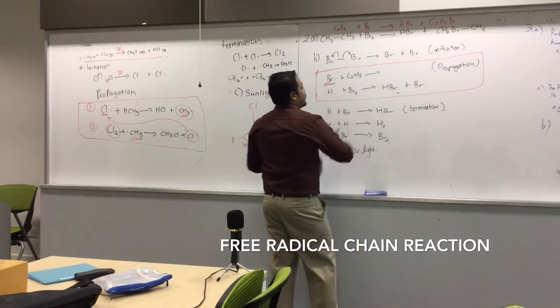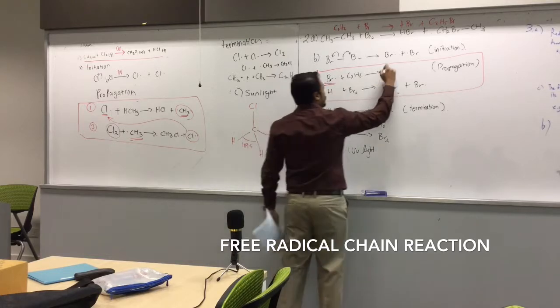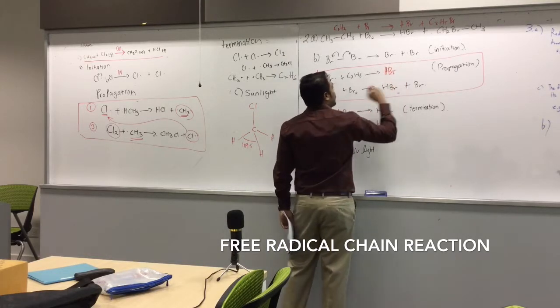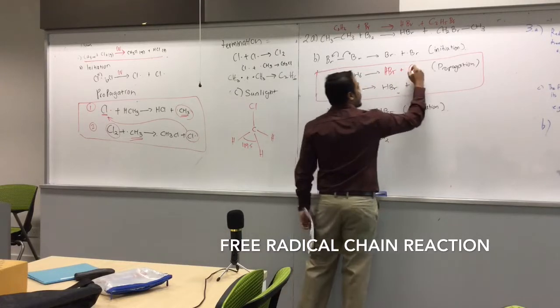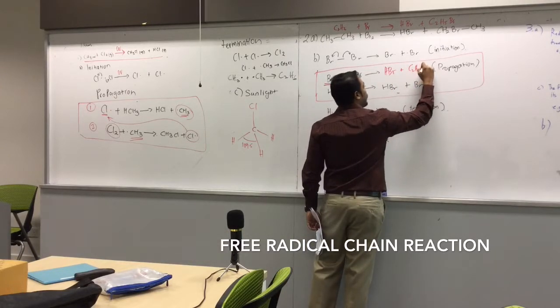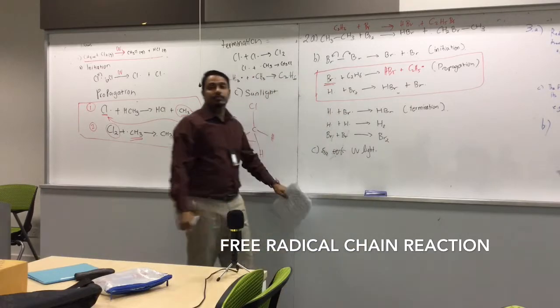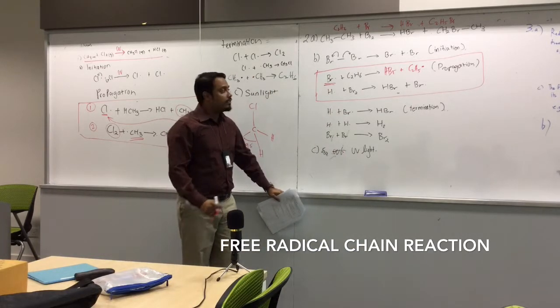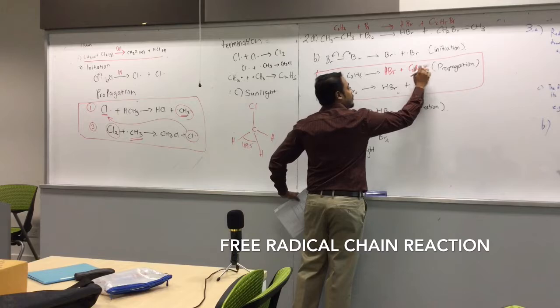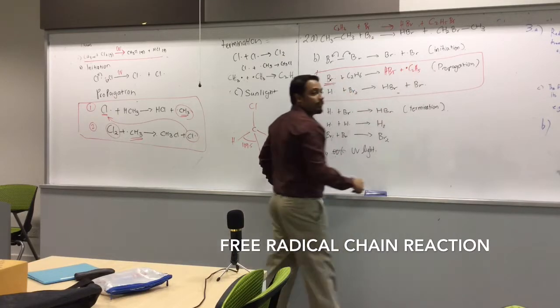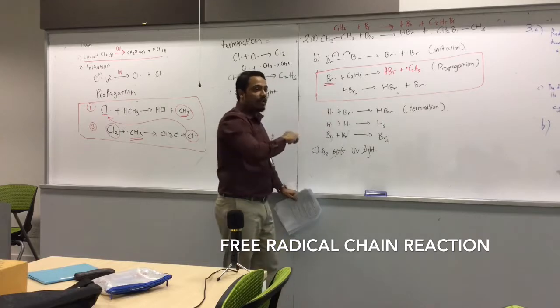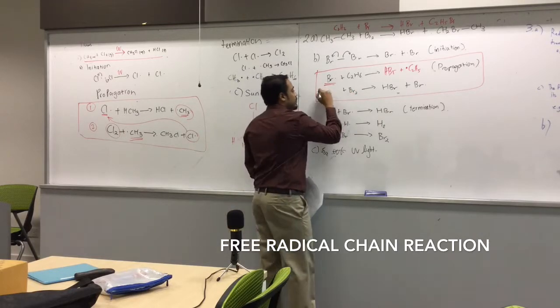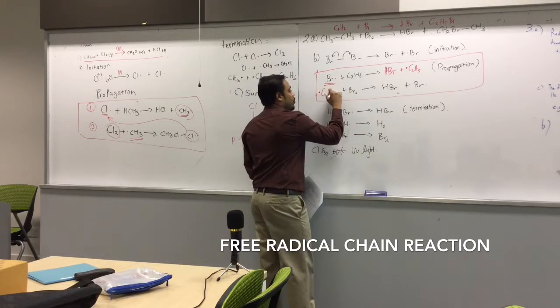Okay? So how can we change this answer now? So, the Br will get a hydrogen, so it becomes HBr, and you will get a C2H5 radical. C2H5, and I put a dot here, that's a radical. Okay? So we have a C2H5 radical, we can put the dot here as well if you want to, it's the same. Alright? And that is what starts off the second reaction. So the radical will go on to attack.